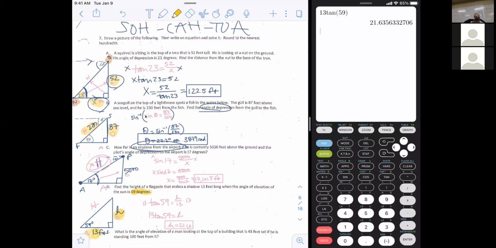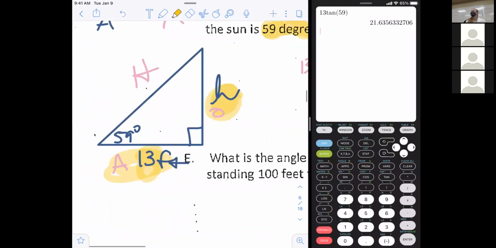I have the angle and I have the side for adjacent and I want the opposite side. And so I know that I don't technically have opposite, but I want to know what opposite is. Like that is the variable I'm looking for. So I have opposite, I have adjacent. That means I have to use tangent, TOA, tangent, opposite, adjacent.